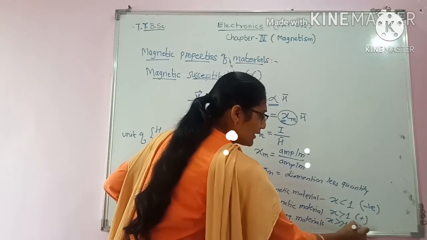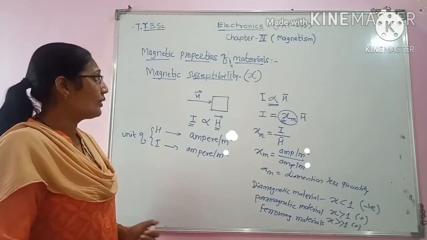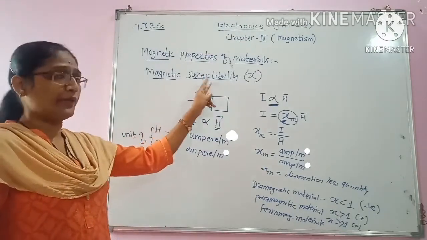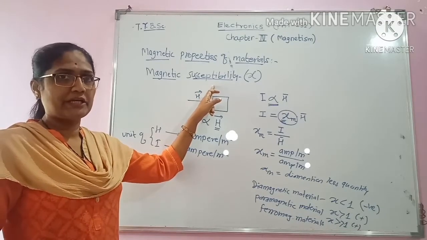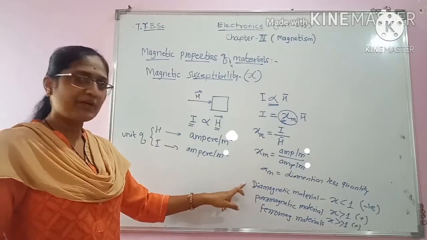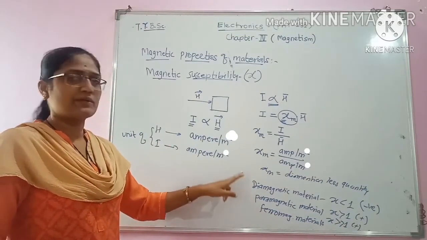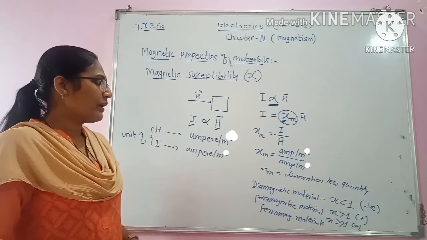It means that it is positive and has a higher value. Therefore, magnetic susceptibility is one of the important properties related to magnetic materials, which gives us information about whether the substance is diamagnetic, paramagnetic or ferromagnetic.